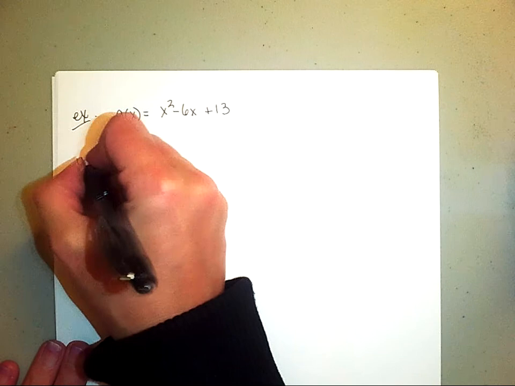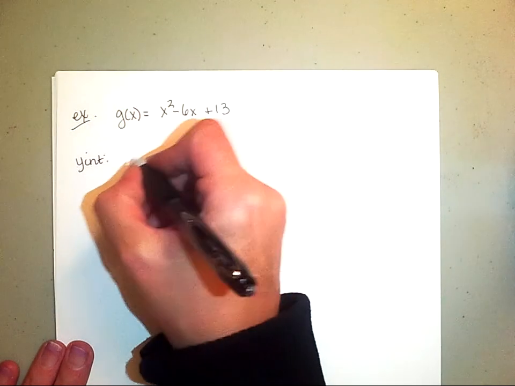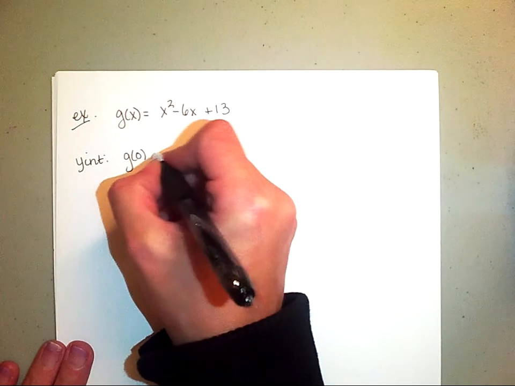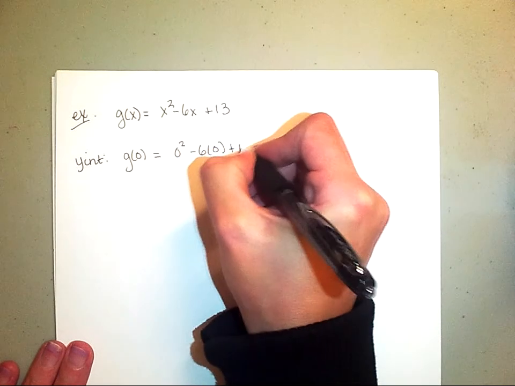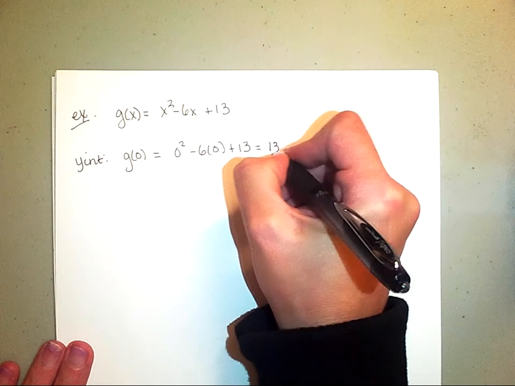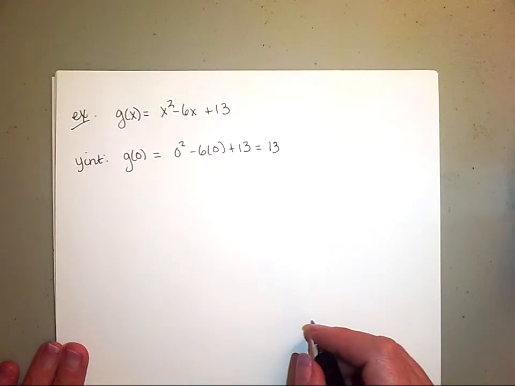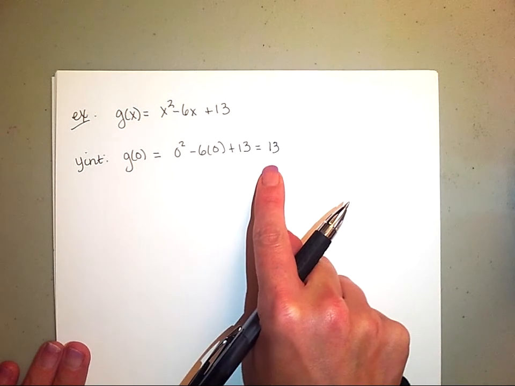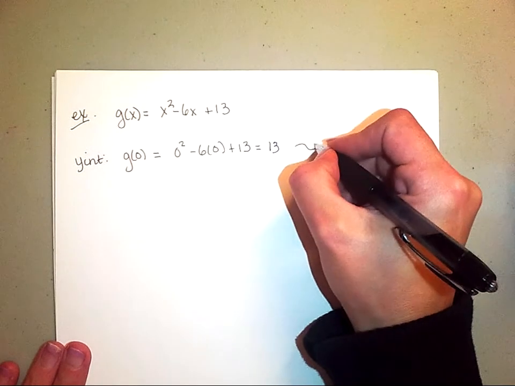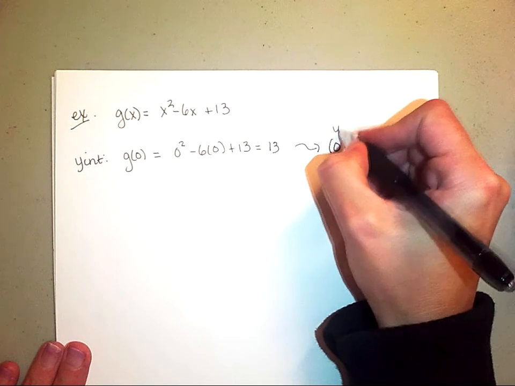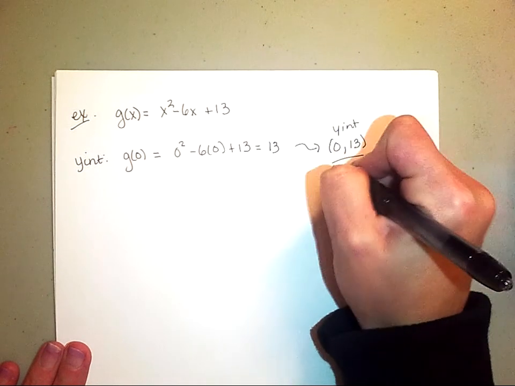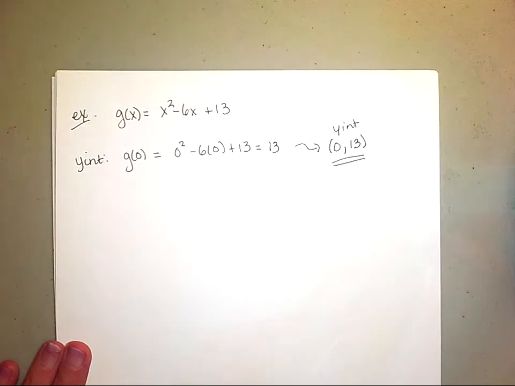For our y-intercept, we're going to find g of 0, which is 0 squared minus 6 times 0 plus 13, which equals 13. This is not your y-intercept. This is the y-coordinate of your y-intercept. The y-intercept is the ordered pair (0, 13). Make sure you write these as ordered pairs.